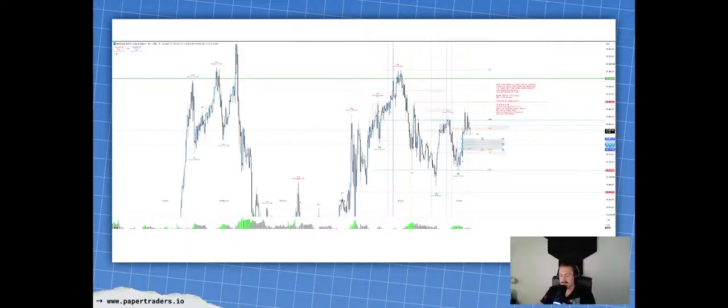Through the weekly open, we're looking at PDH as well as the 12-hour level at 29,962, where price has rejected multiple times before. Right.